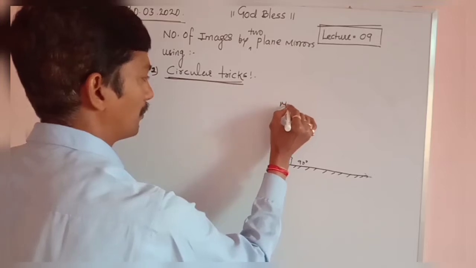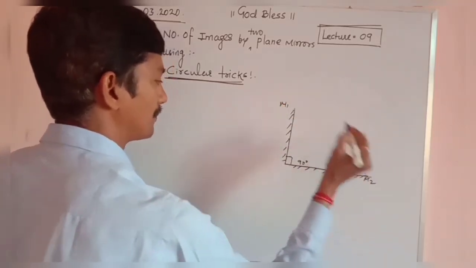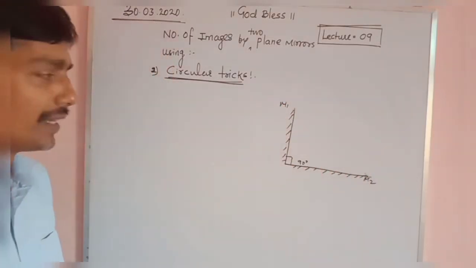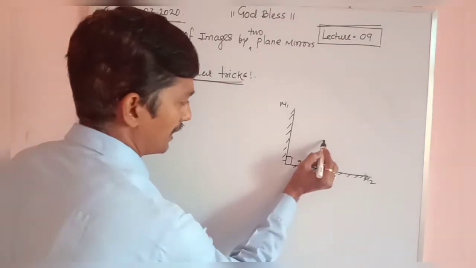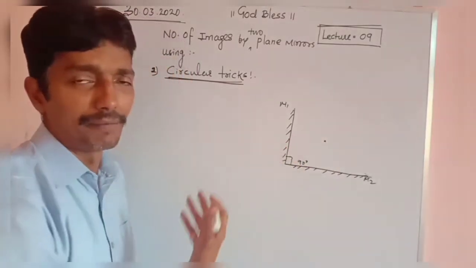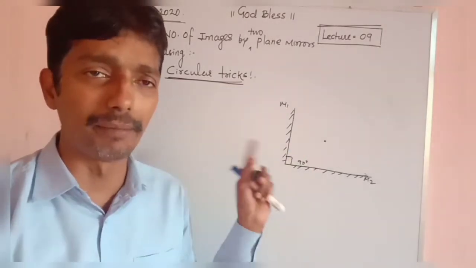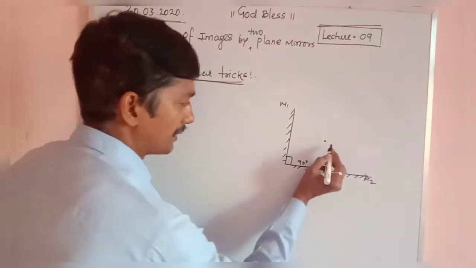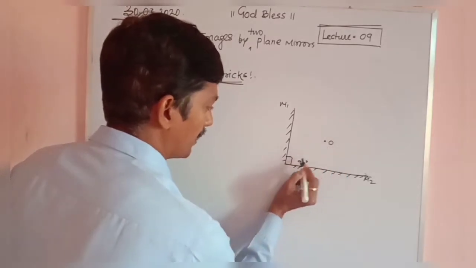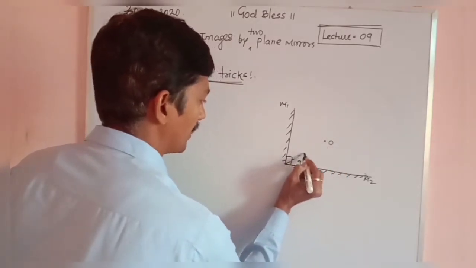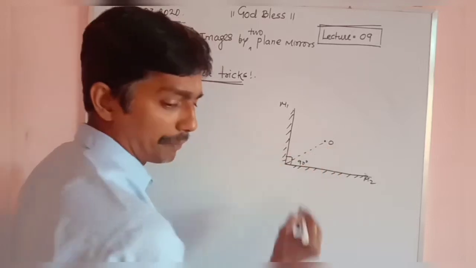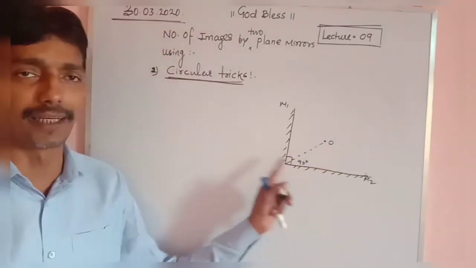Let this be mirror M1 and this be mirror M2. I hope it is clear. And let the object be placed, as I drew in my previous lecture, at the perpendicular bisector of mirrors M1 and M2.